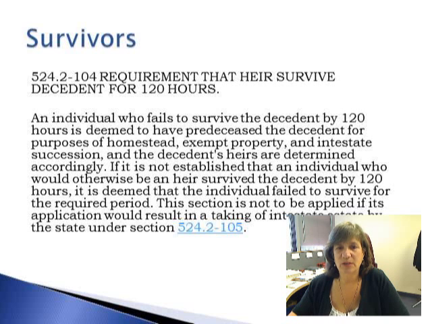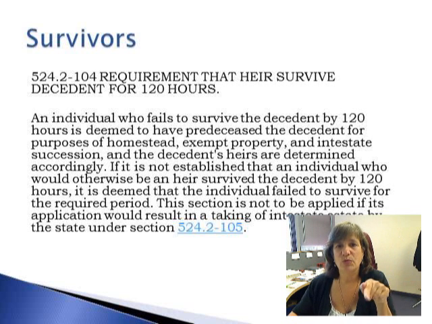And here is the statute, a requirement that an heir survive the decedent for 120 hours. I'm just going to read the first sentence, and I just want to make a point that the title is not the statute. The text is the statute. The title is just a title. So here's the rule.